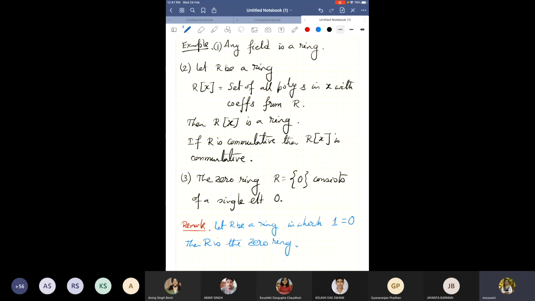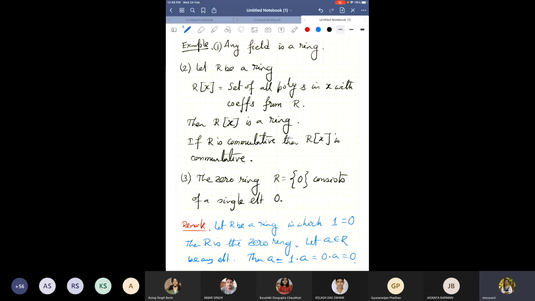Why? Because if we start with any element A in R, then we can write A as A into 1. But 1 is equal to 0. That means 0 into A. But what is 0 into A? 0 into A is equal to 0.